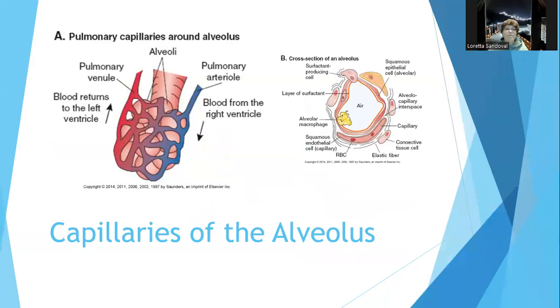So here are our pulmonary capillaries wrapped around the little bundles of alveoli, which look like little bunches of grapes. And it's a lovely little system where the oxygen and CO2 are exchanged with the circulatory system. The cross section, you see there, it's a single cell thick, just like the capillary is a single cell thick.